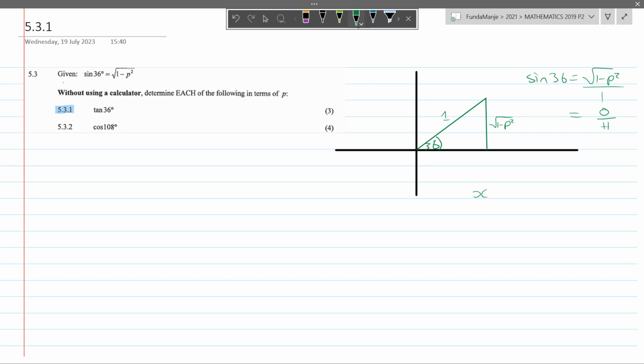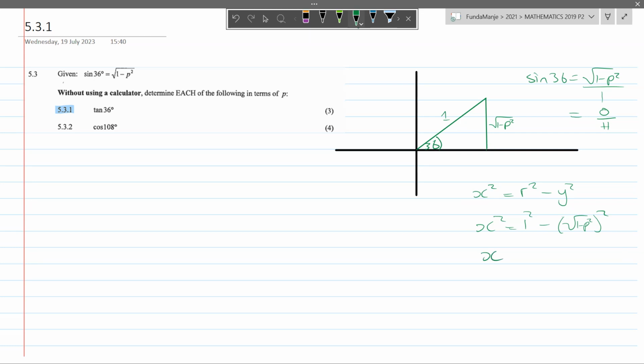you'd say x squared equals the hypotenuse, or the radius r, squared minus y squared. x squared equals 1 squared minus y, which is root of 1 minus p squared, squared.